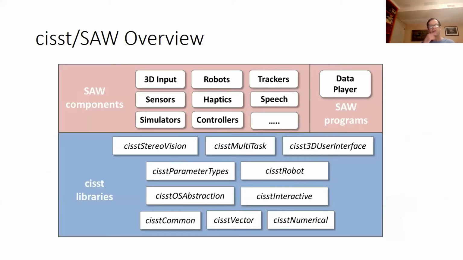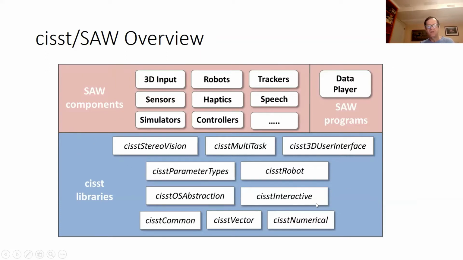So just to present an overview of how the infrastructure is organized, we have what we call the cisst libraries, and there are a number of different libraries here. Some of the key ones we'll talk about today are this cisst multitask, which enables us to create this component-based framework. I mentioned portability. That would be this OS abstraction library. There are a few others that may come up today from time to time.